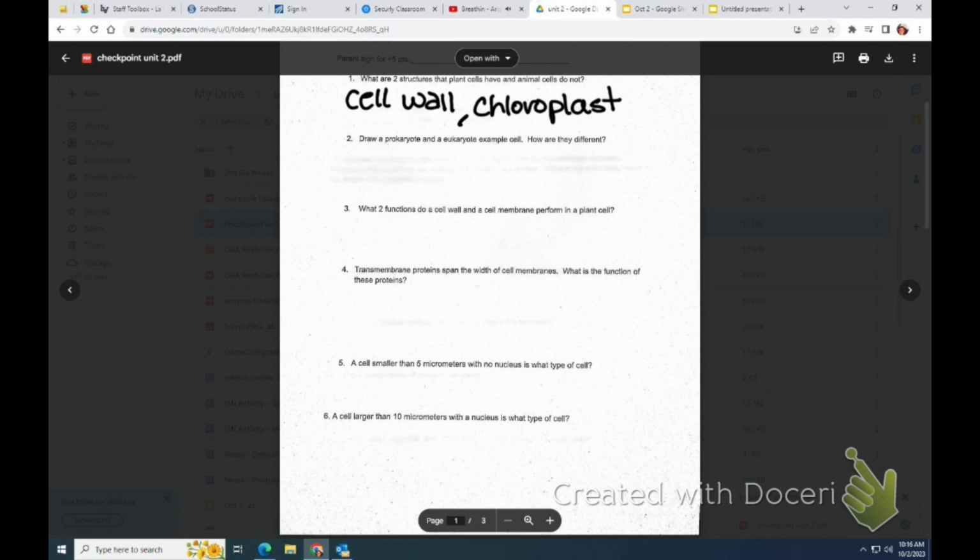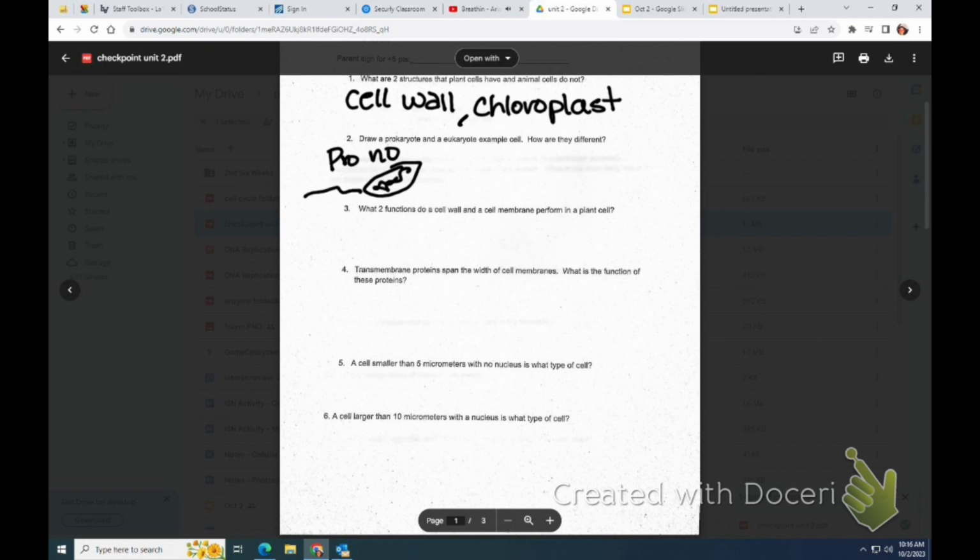Number 2. This one's going to be hard to blurt. So you are welcome to blurt which one has a nucleus and which one does not. Okay, I heard it. So we got prokaryote, it would look something like that.